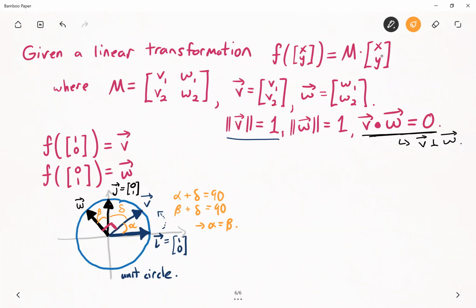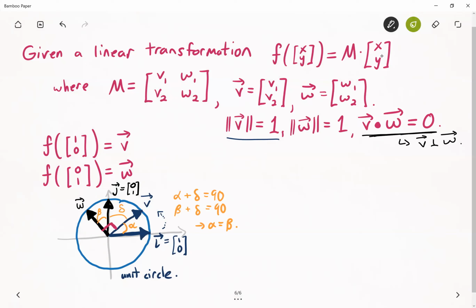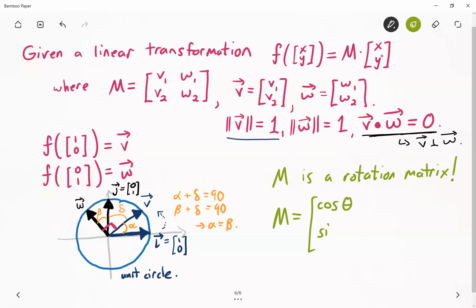So what kind of a matrix can do that while keeping everything on the unit circle? It turns out that the matrix M is a rotation matrix. We've learned previously that a 2x2 rotation matrix can be written in this form.